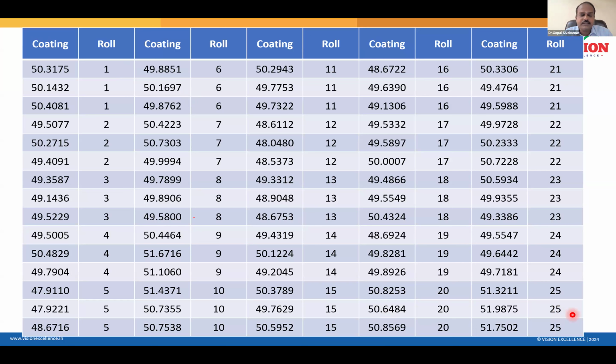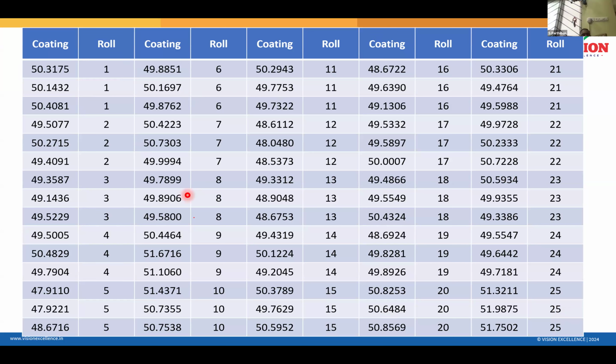But in order to understand the quality of the 1,25,000 pieces, it is very difficult to go for 100% inspection. So the company has decided to go for a sampling inspection. From roll number 1, they picked up 3 samples. Now, what is the sample size or the subgroup size? 3.